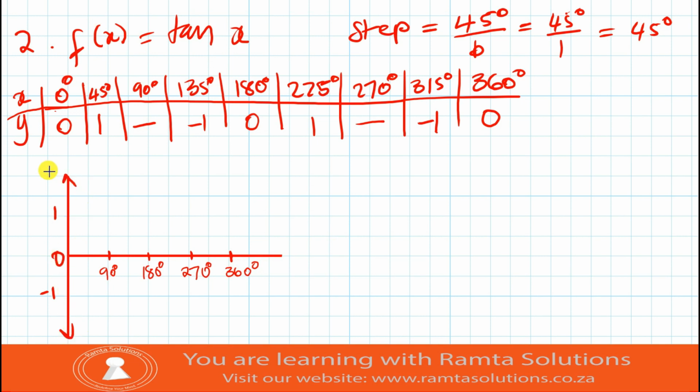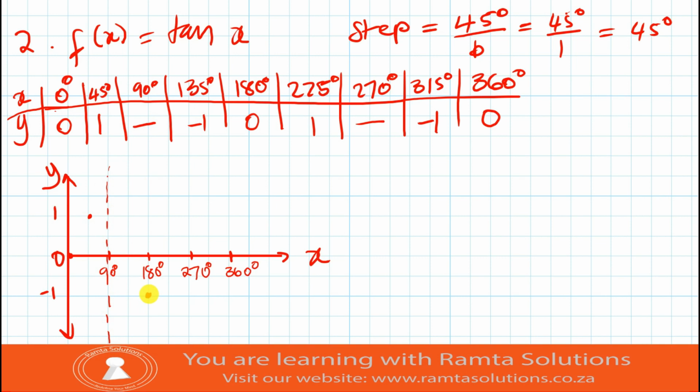So this is 0, this is y, and this is x. When x is 0, y is 0. When x is 45, y is 1. When x is 90, y does not exist, so we draw this line to say it's an asymptote. When x is 135, y is -1.